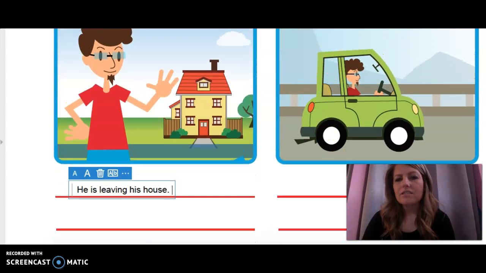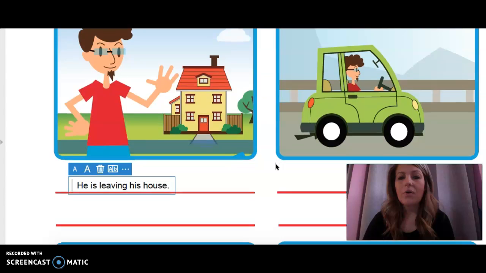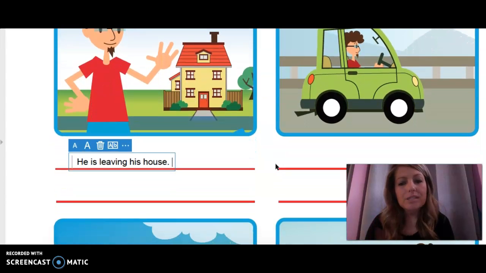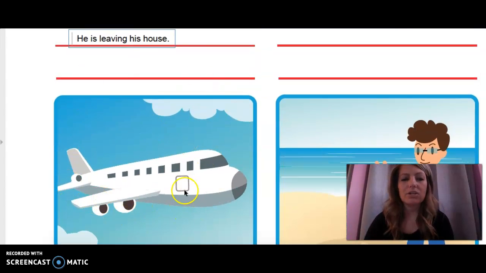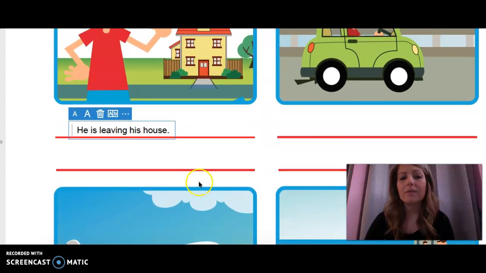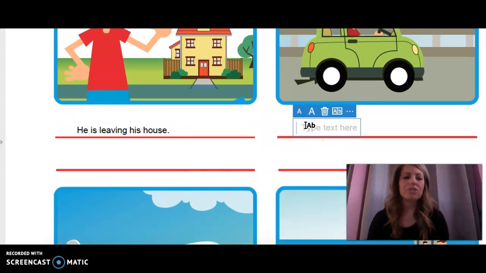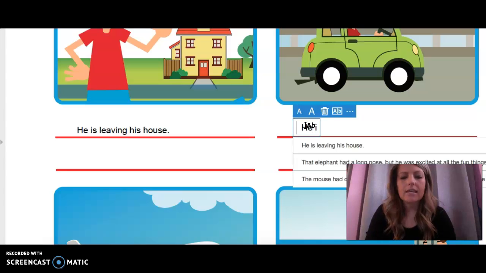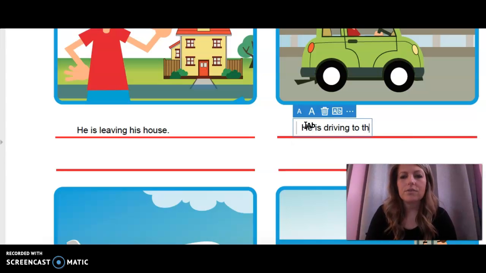If I look at this next picture, he's in the car, and I think I have a good idea where he's going. If I had to guess, I would say the airport. And the reason why is because the next picture is of him flying in an airplane. So for the next caption, I might write something like, he is driving to the airport.